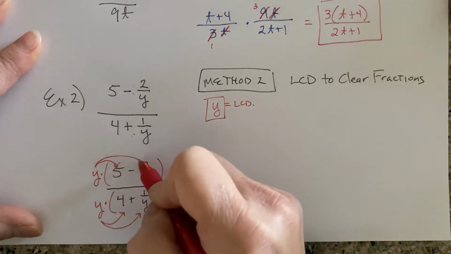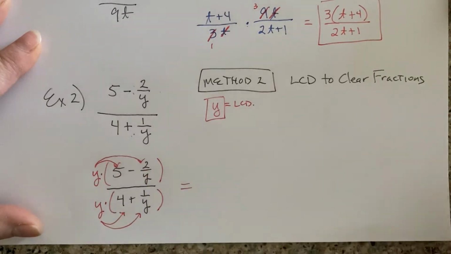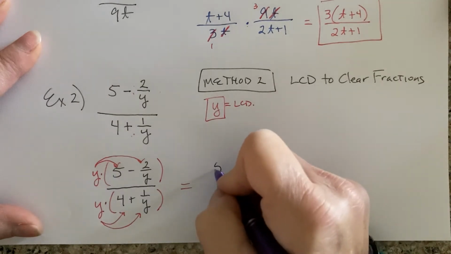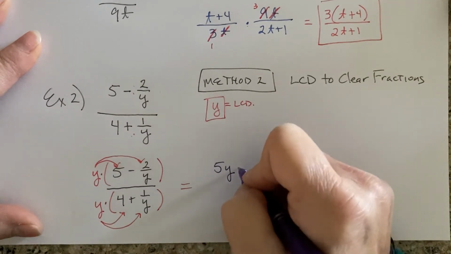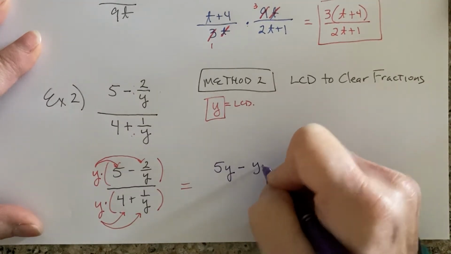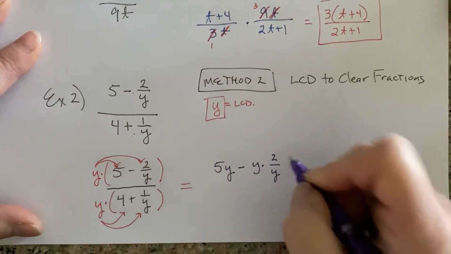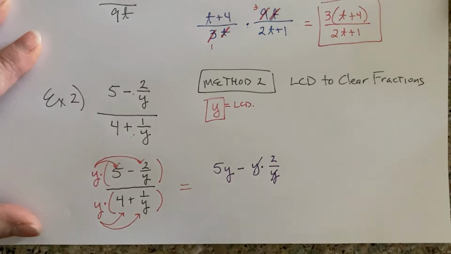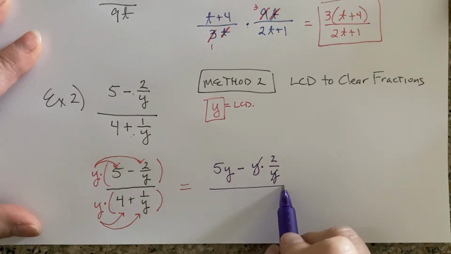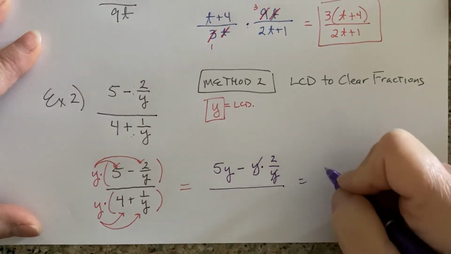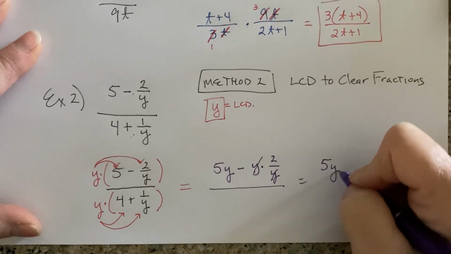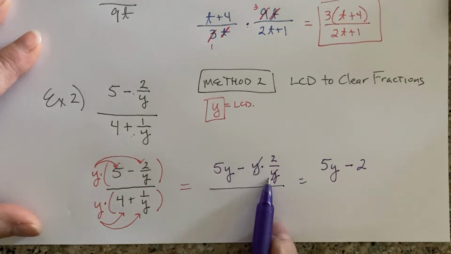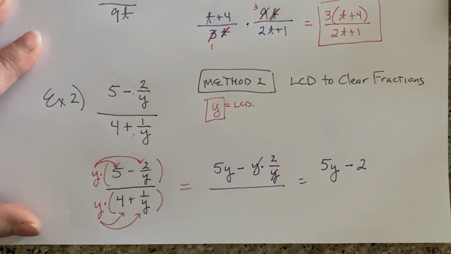Okay, we distribute to all the terms, and this is what we have. y times 5 will be 5y minus y times 2 over y. Notice that that's going to cancel the denominator. So that would be, for just the numerator, 5y minus 2, because the y canceled right here.